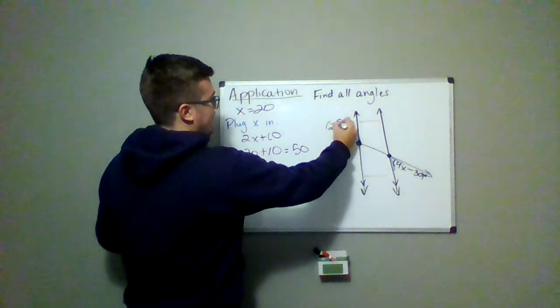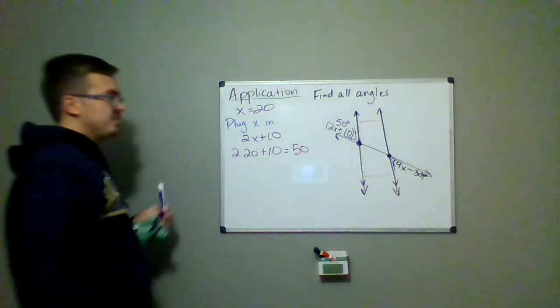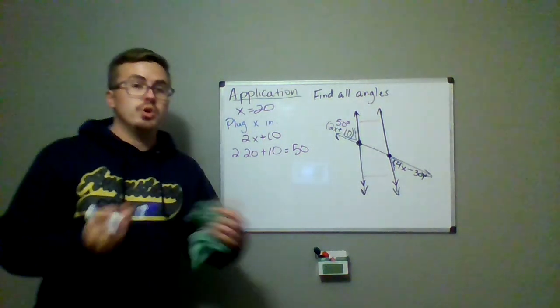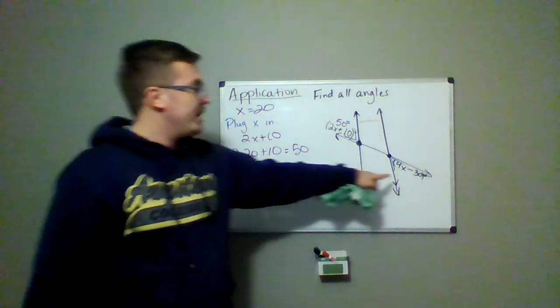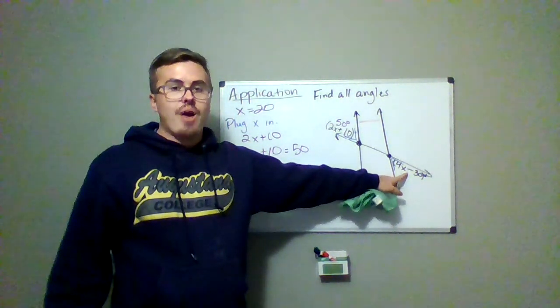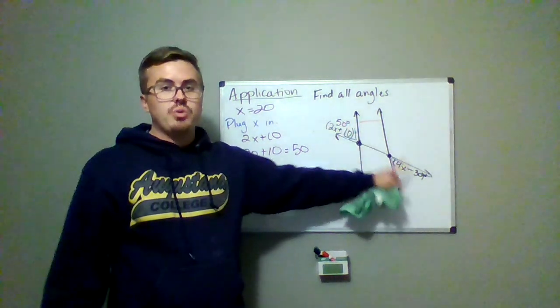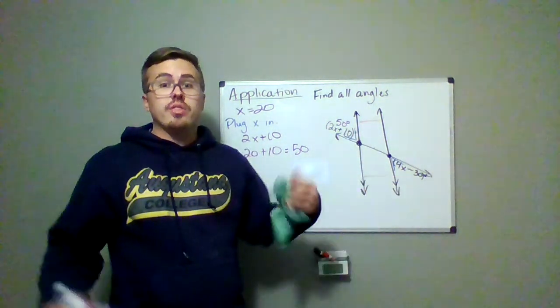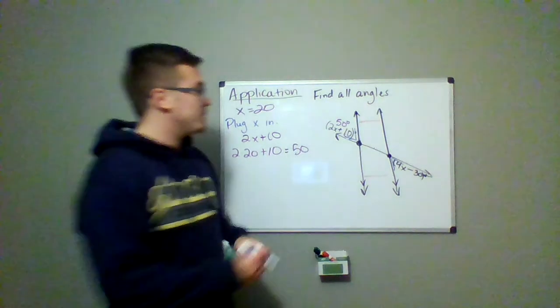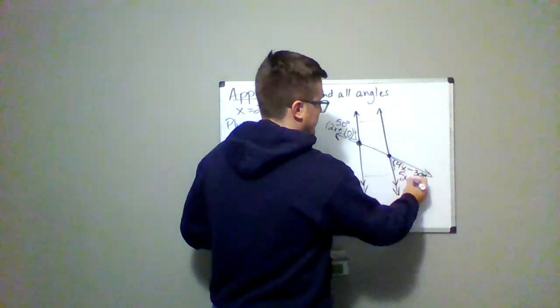So I know that this angle here is 50 degrees. Now, you could go through and plug in x there. However, what do we know about these two angles? They're congruent, which means that if this one's 50, this one is 50.